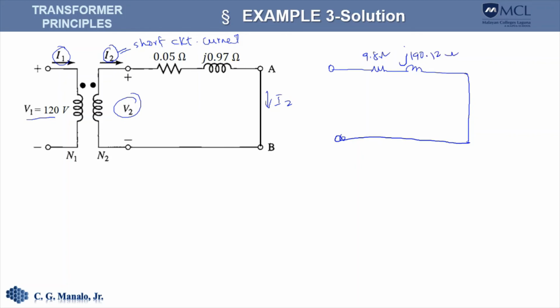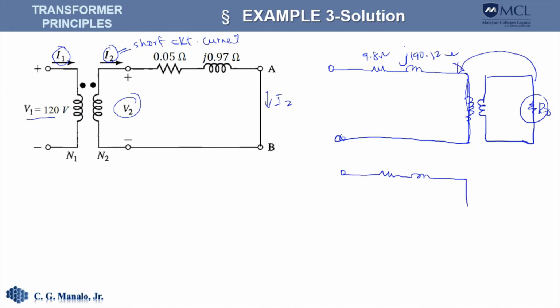We also have a short here, because if we put an ideal transformer here, this part is also shorted. We can assume this to be a resistance equal to 0, and if we translate this on the other side, it should look like this.